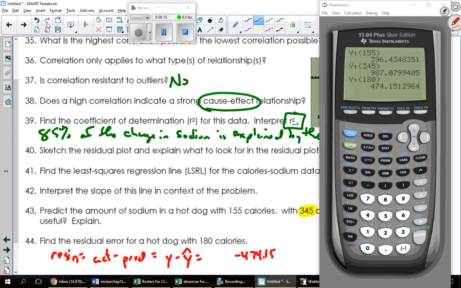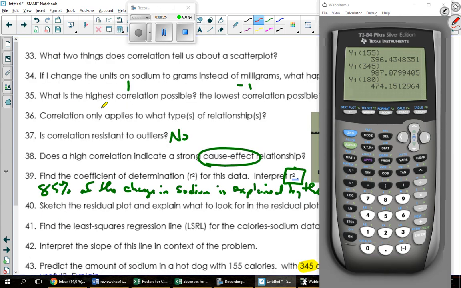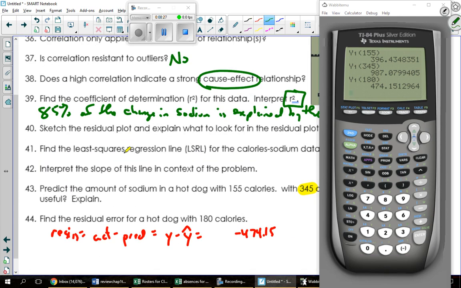If I go back over and look at this, for 180, I predict 500. So this is going to be 500 minus 474.15, which is 25.85.